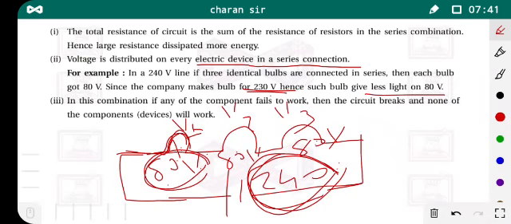So this is the second disadvantage of the series combination of resistors. When we connect any devices in series, the total voltage gets distributed to the individual devices.